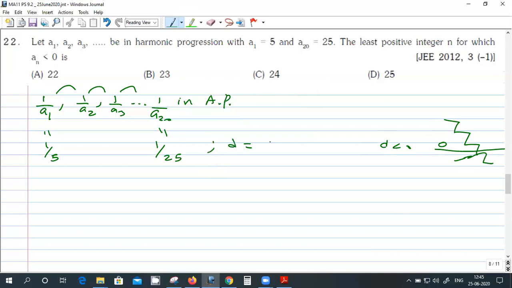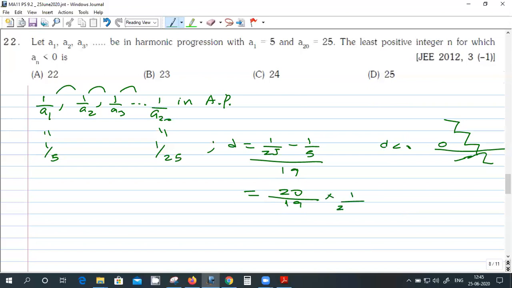So D is 1 by 25 minus 1 by 5 divided by 19. So this is 20. 4 by 25 by 19.